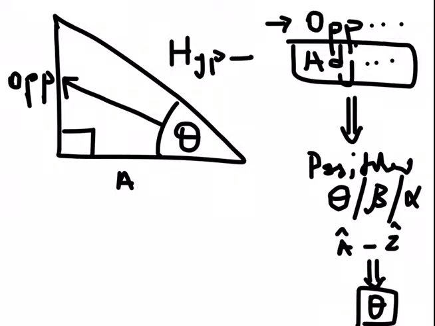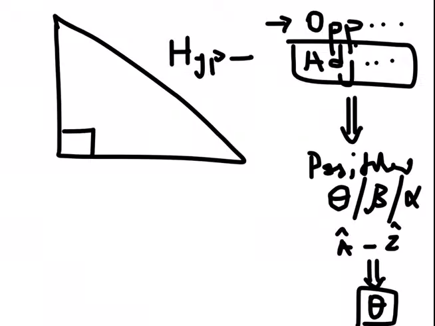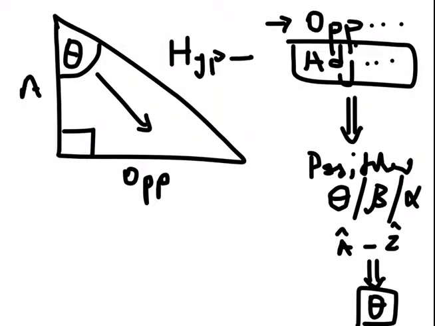It doesn't necessarily mean that the side will always remain as opposite. It will always depend on where the angle is. If the angle is there, then the side opposite that angle is the one called opposite. So this is now the opposite, and that becomes the adjacent side. It is as easy as that.